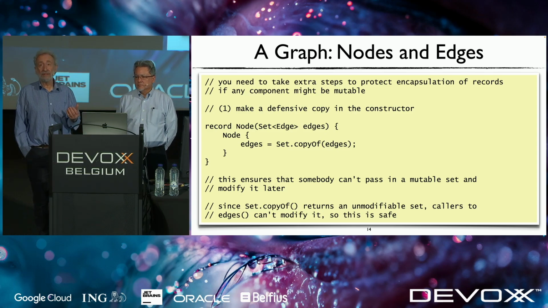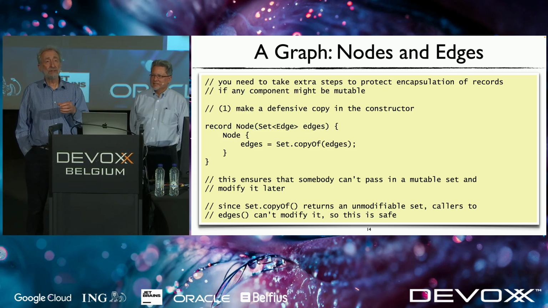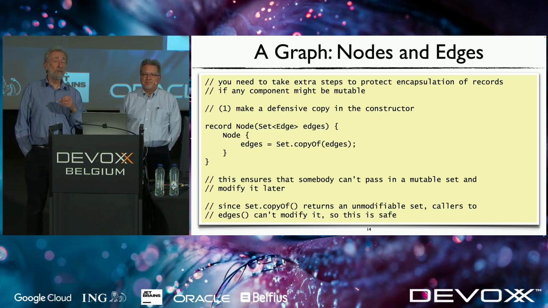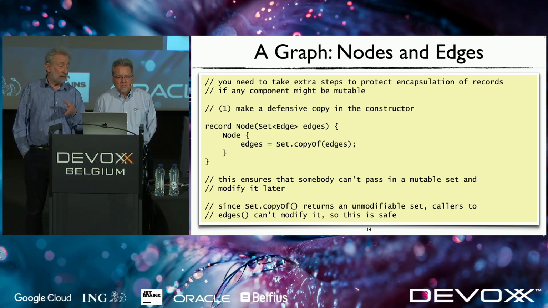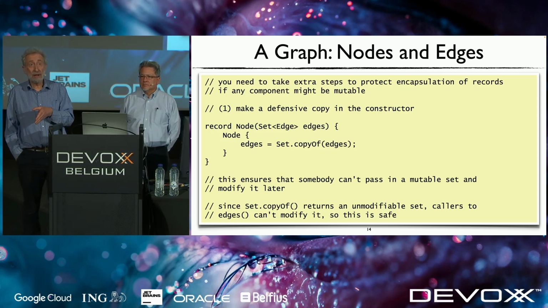So you might find that you have to write your own method for making a clone of the data that's passed in. And you could choose or not choose to make that copy unmodifiable.